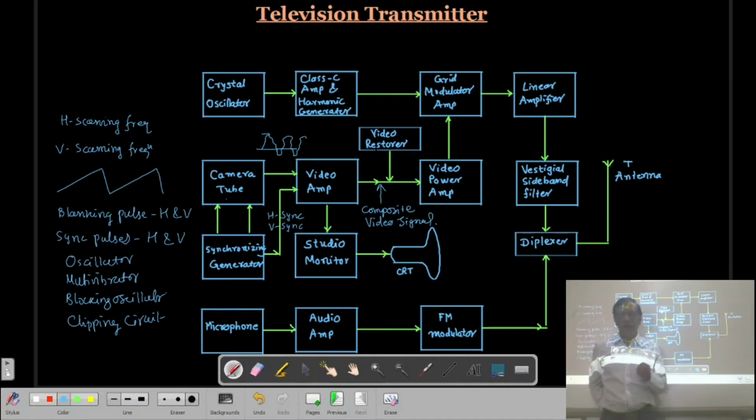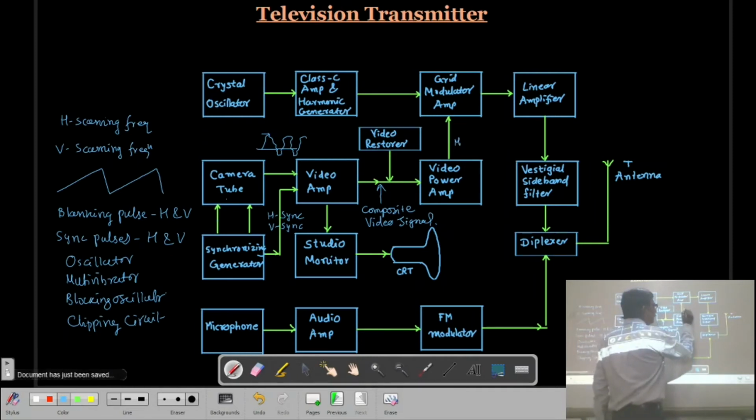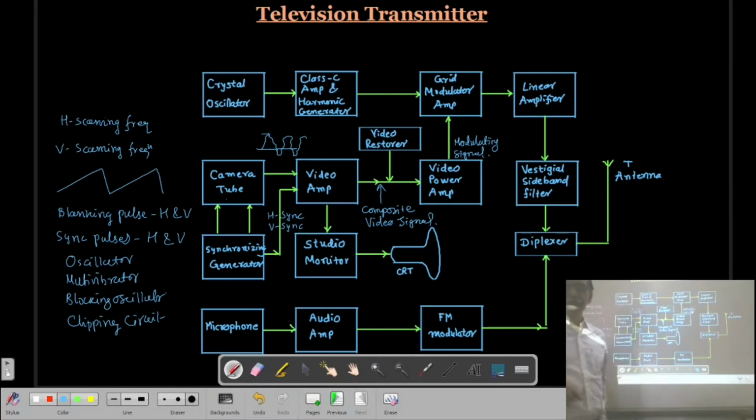So the power amplifier is very important. This video power amplifier gives a video signal to the modulator circuit. It is nothing but the modulating signal.